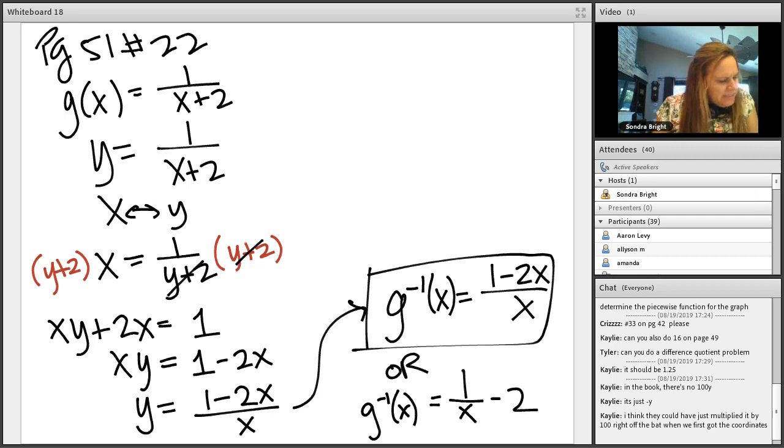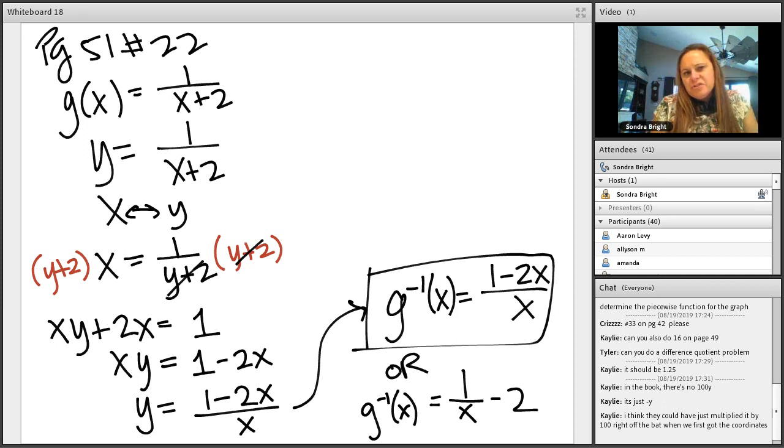What does it say? It says restrict the domain of the original. I don't think you're going to need to worry about that tomorrow, because domain and range is already so complicated for you guys, and you already have a hard enough time with it. No, you don't need to worry about restricting.